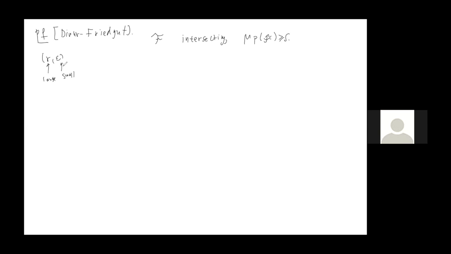So what we can do by the regularity lemma is find a set of coordinates T, which is not too large, such that the following holds. I'm going to draw it in a picture.